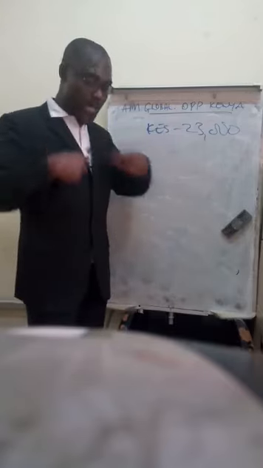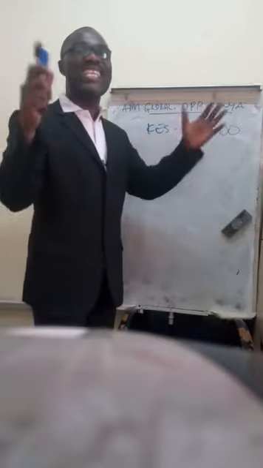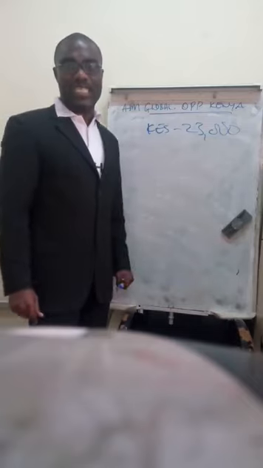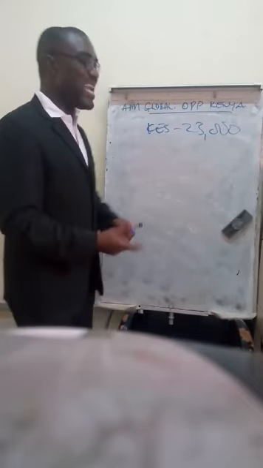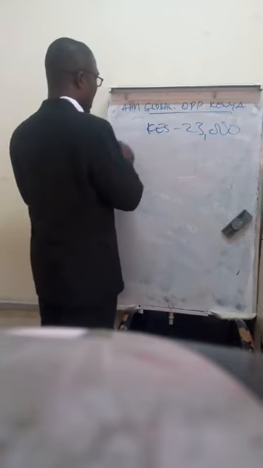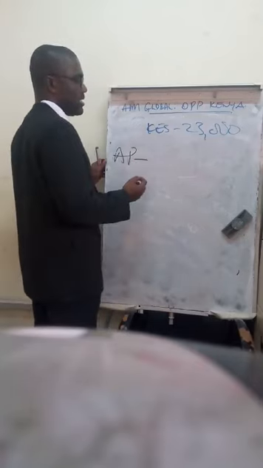But in AIM Global, we believe that everybody in Kenya must be given the opportunity to become rich. Therefore, we have come up with a smaller package, which we call the associate package.